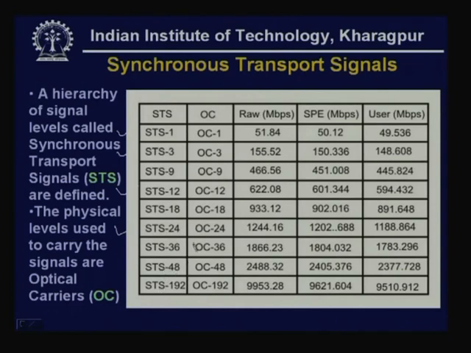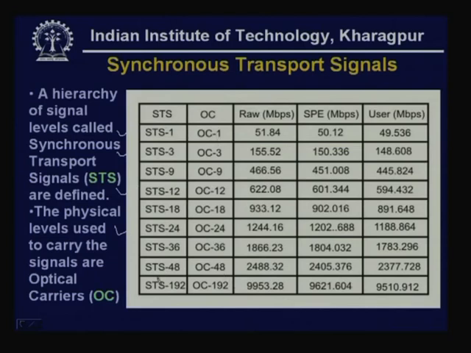So, the raw electrical data rates are given here in this third column, starting with 51.84 megabits per second, and as you can see STS192 has got 9953.28 megabits per second. So, you see it is a very high data rate that is supported by the optical fiber SONET network.